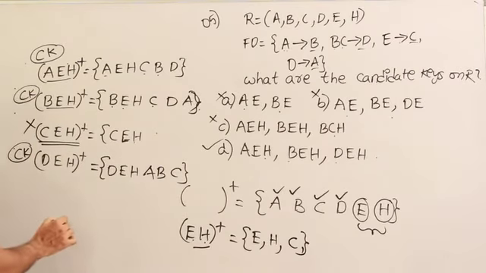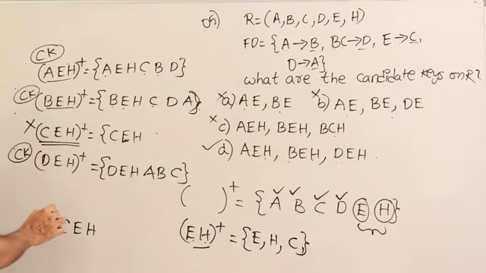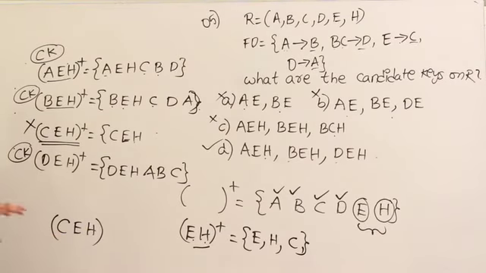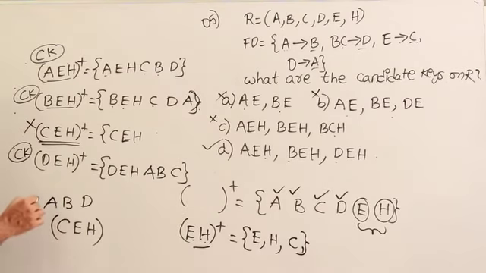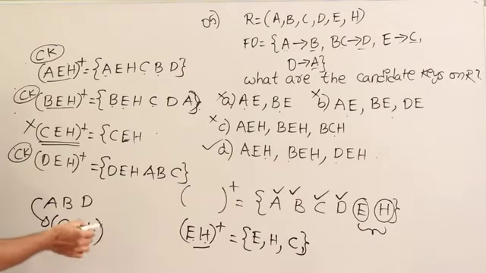Now let me see if CEH added with something else might become a candidate key. If I have to add something to CEH, what are the options I have? Only A, B and D. But if you try to add A to this, AEH is already a candidate key, therefore ACEH cannot be a candidate key, it will be a super key.